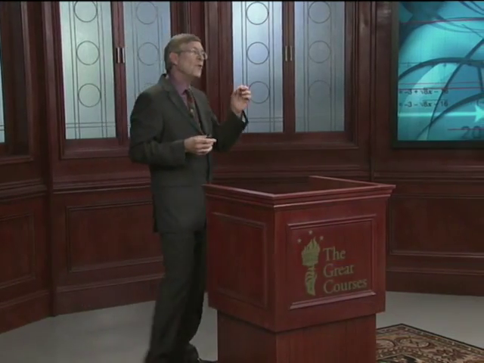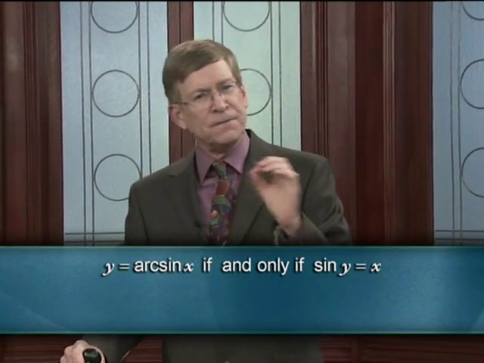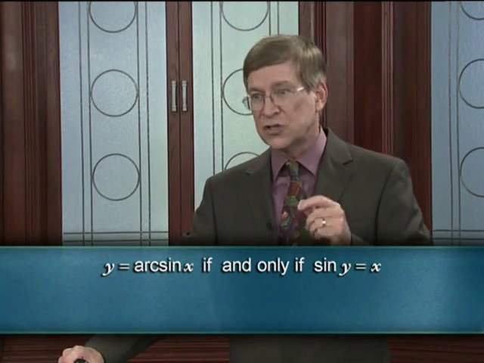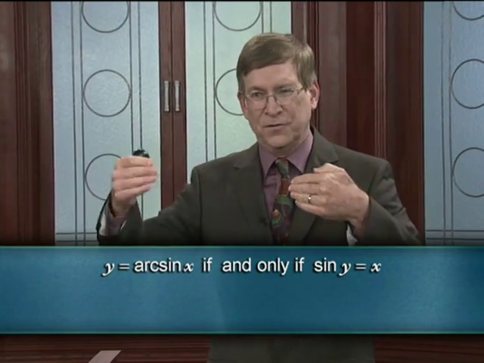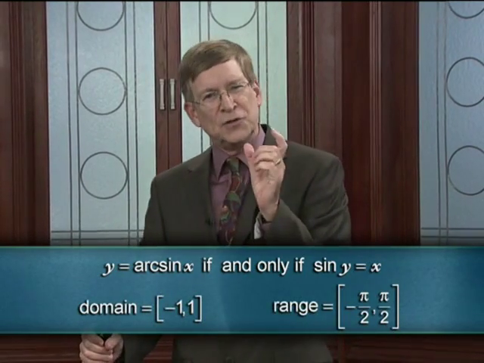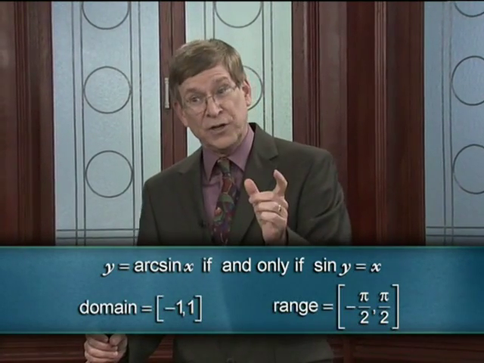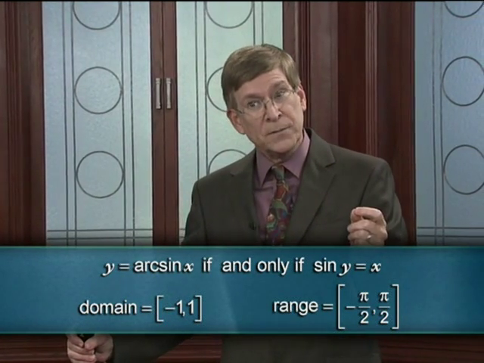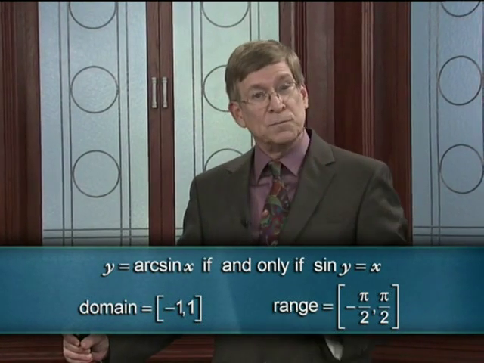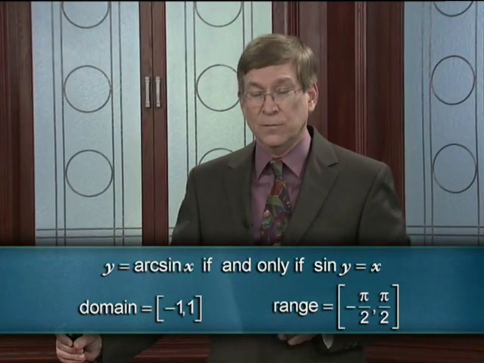So here's the formal definition of the inverse sine function, or arcsine. y is arcsine x if and only if sine y equals x. Well, of course, that's always the definition of an inverse function. But you have these domain and range restrictions. The domain of arcsine is minus 1 to 1, and the range is minus pi over 2 to pi over 2.